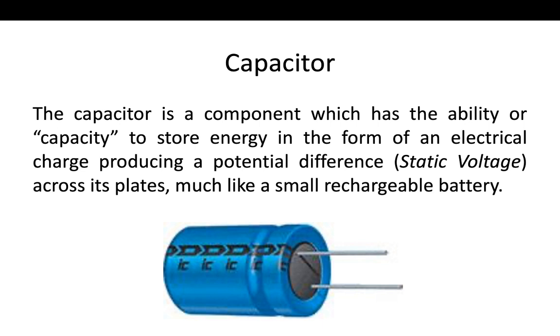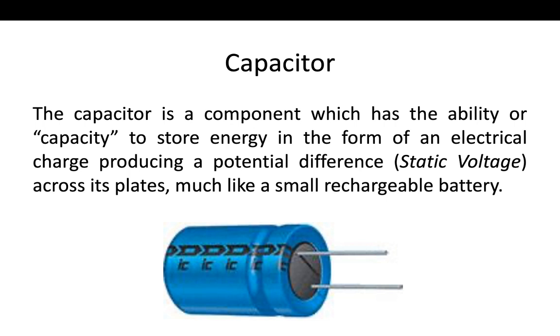In this picture you can see a two-leg component that is called a typical capacitor, and you can see it in all your electronic devices. So what is a capacitor?